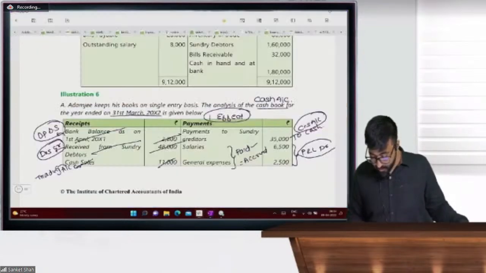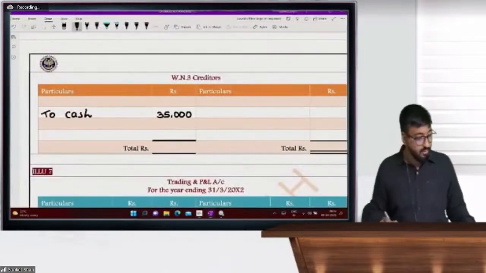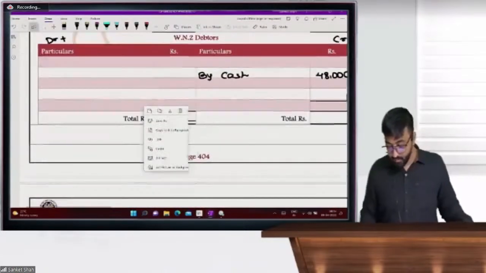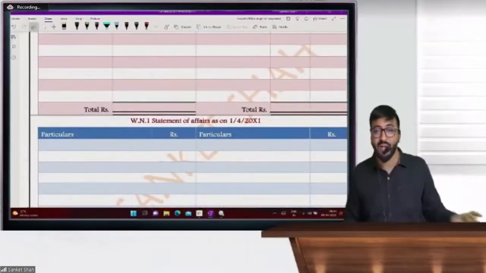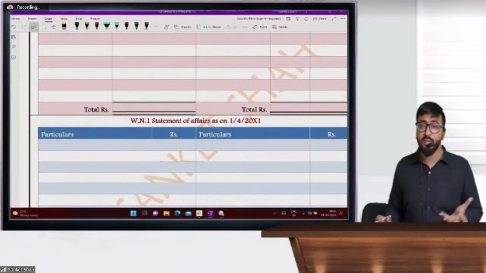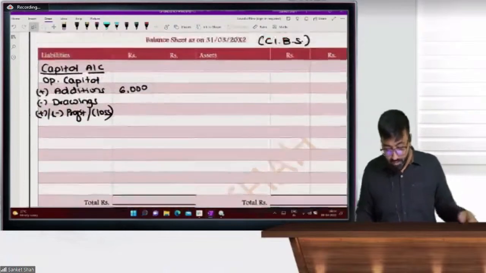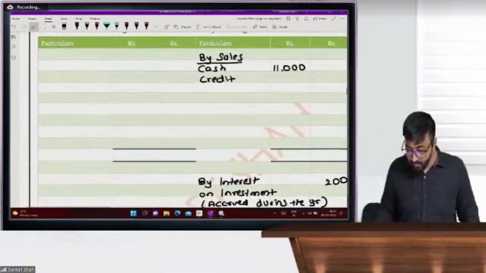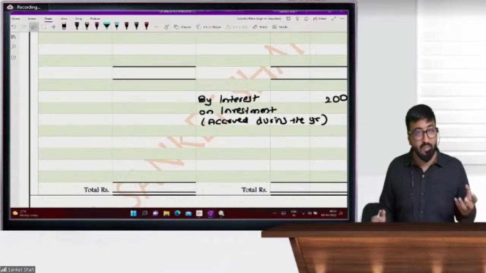Salary, general expense, and rent and rates. Whether we opened account? Why? Opening or closing are not there. You have to answer in a very simple way: there is no opening balance and closing balance, so no need to open account. What is paid is equal to accrued. In P&L, P&L means accrued.